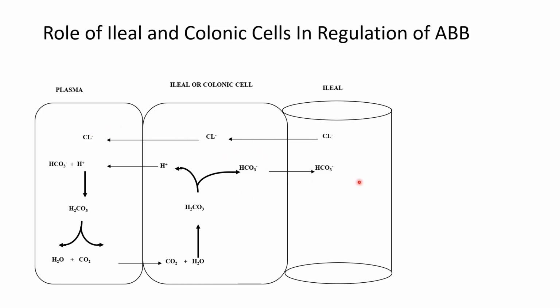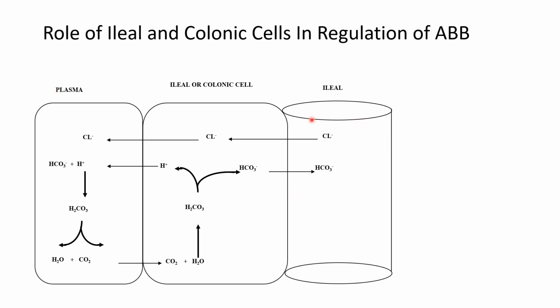Because the higher the amount of bicarbonate produced, the higher the amount of chloride ion that will go into the plasma. And if this goes on for a very long time, the level of chloride in the blood will become very high, leading to a hyperchloremic condition.